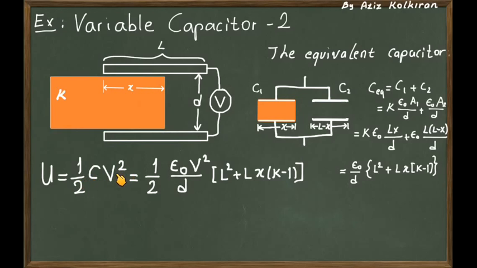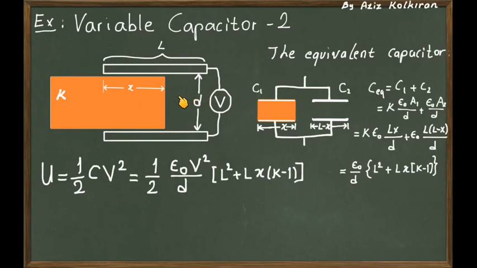V is constant here because it is connected to a battery, and C we already got from the previous work, so we can express the energy stored in this capacitor in this configuration. As you see, it depends on x, where x is the sliding distance of the dielectric between the plates of the capacitor.